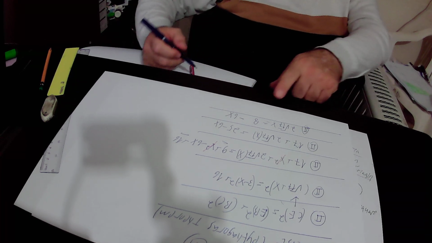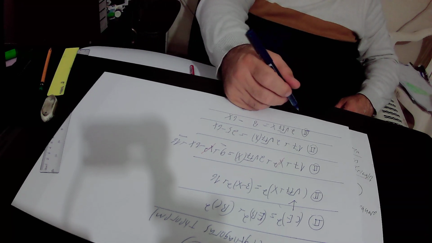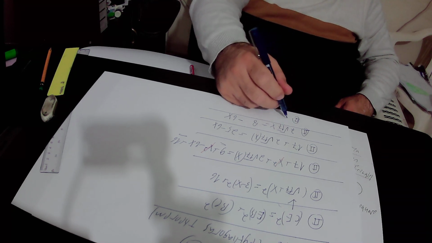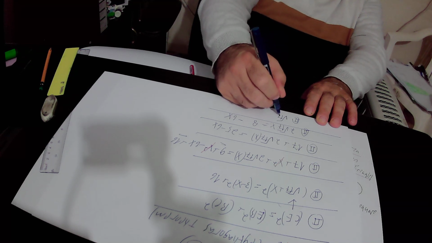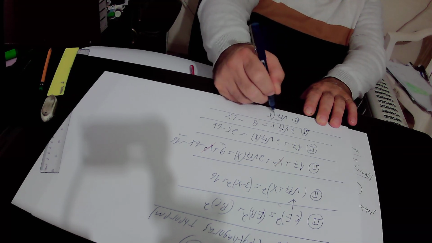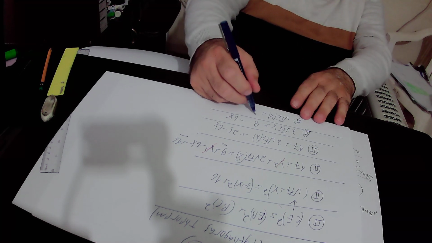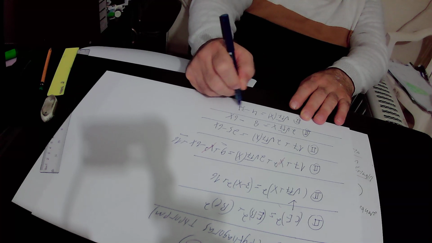We will divide this equation by 2, and we will get that square root of 17 x equals to 4 minus 3x.